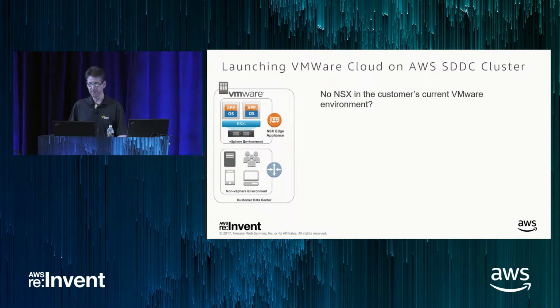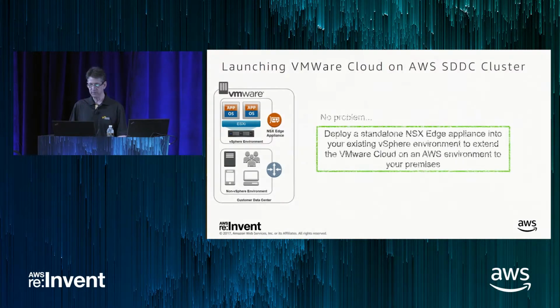And without NSX, no problem. This Edge appliance is something that will attach to your environment, or I should say VMware will attach to your environment. And that'll extend the VMware Cloud on AWS environment to your corporate data center.